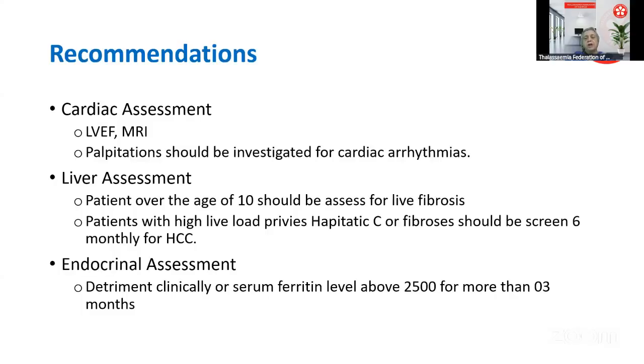The international cutoff for assessing endocrinopathies is above the age of 10 years, but in our country, the children who are heavily iron loaded, because of no guidance for chelation or not being able to afford the chelating therapy, come with endocrinopathy much earlier. Next slide.